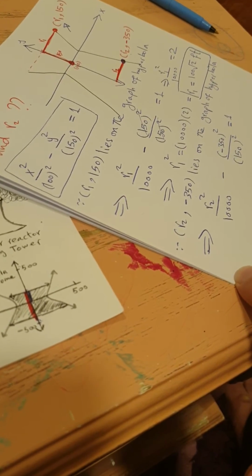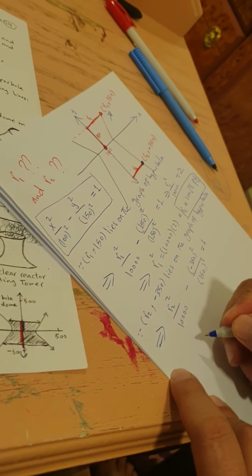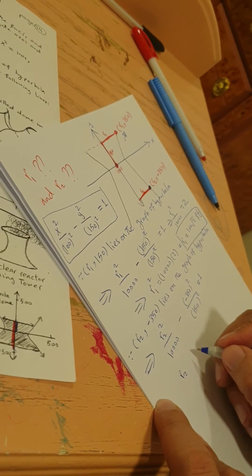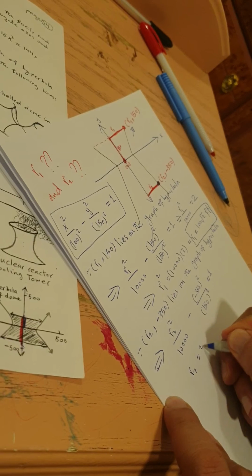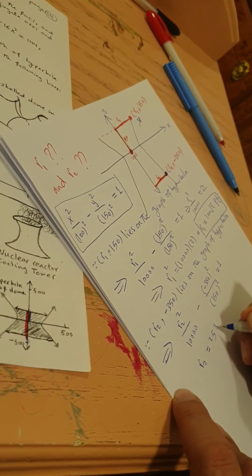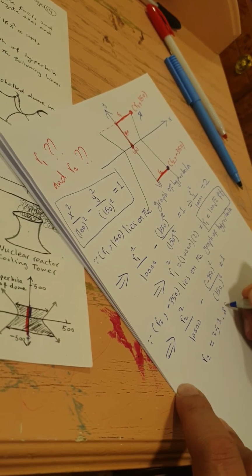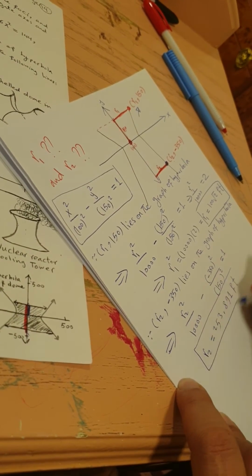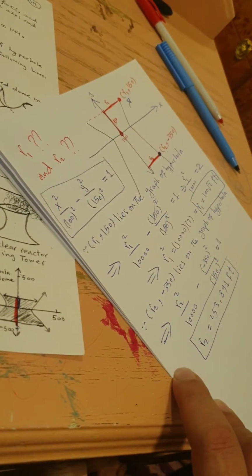Solving this equation for R2, we directly obtain R2 approximately equals 253.891 feet. This is the value of the bottom base R2.